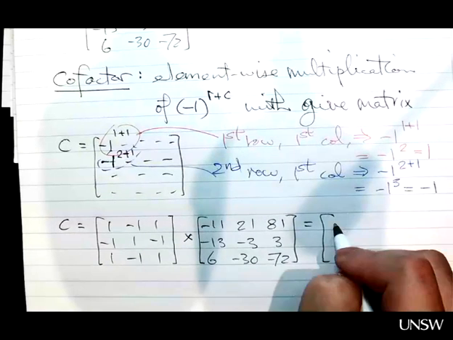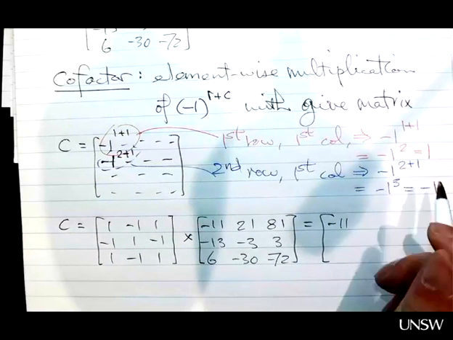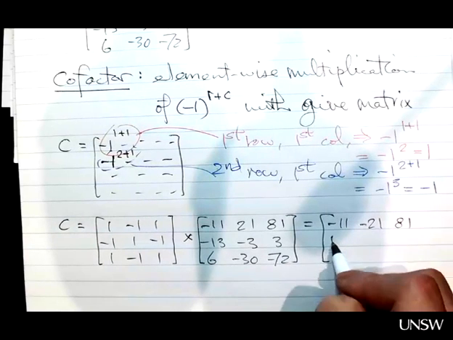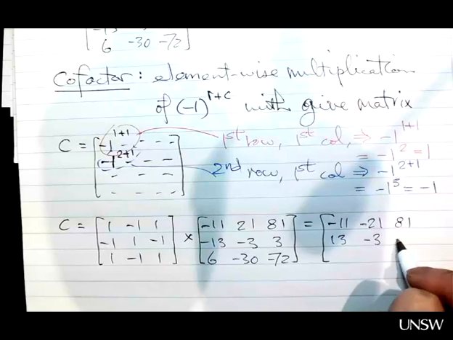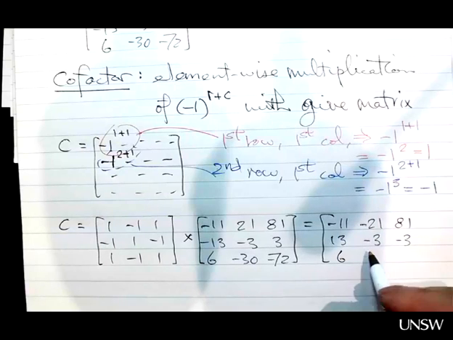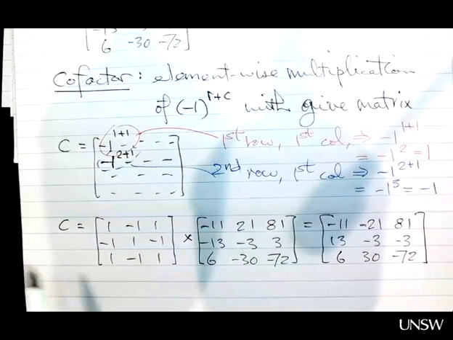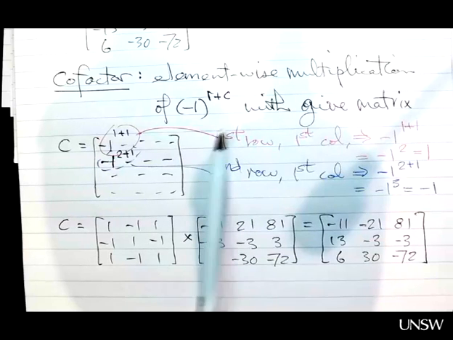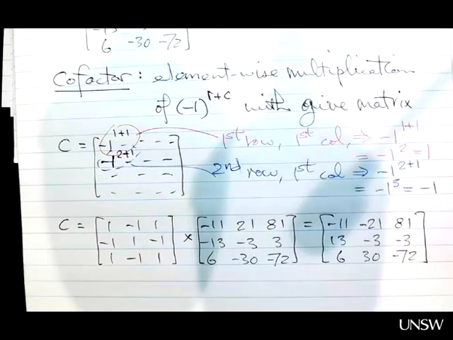So it equals this one. Okay, everybody see the logic about the -1 to the power of row plus column?